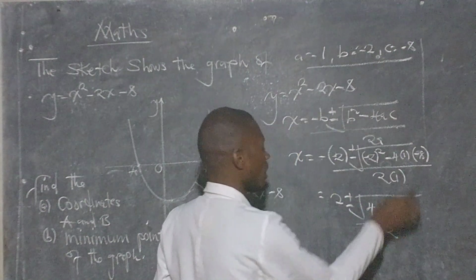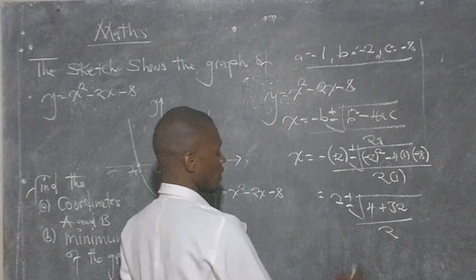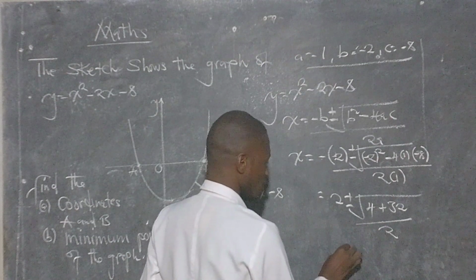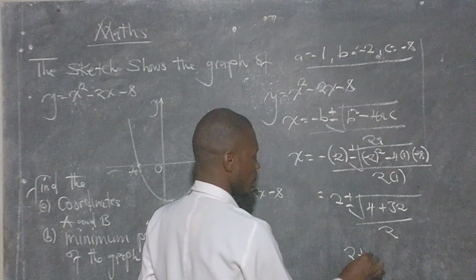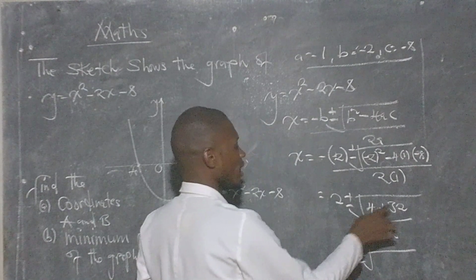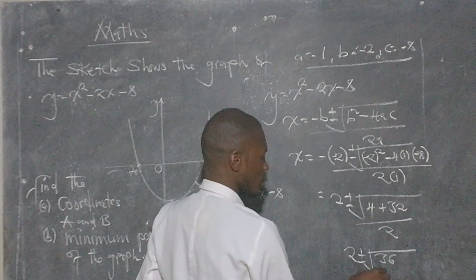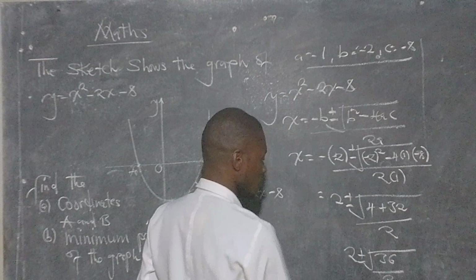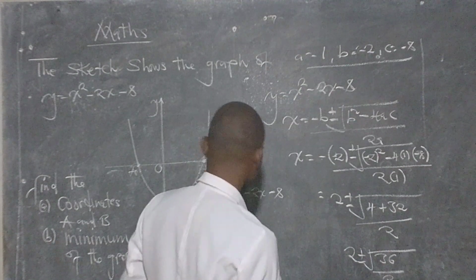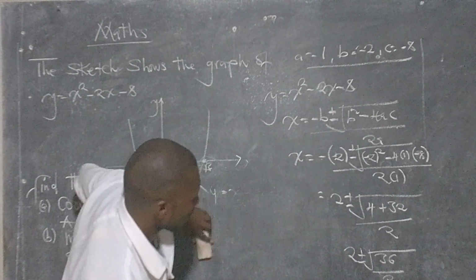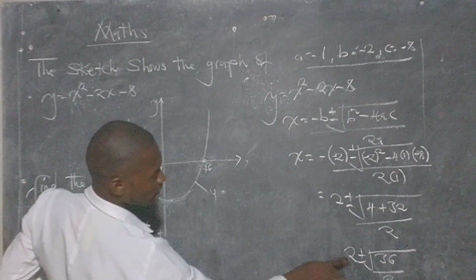Over 2 times 1, we have 2. So the question now is simple. 2 positive or negative square root, when you add these, you get 36, over 2.